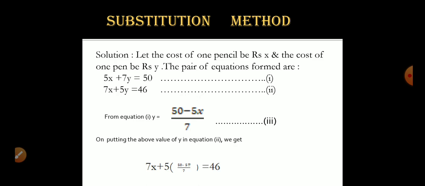This is a little complicated looking. We have to solve it in such a way that we make no mistake. There is an easy form: we multiply the denominator with each term, then it would be easier.